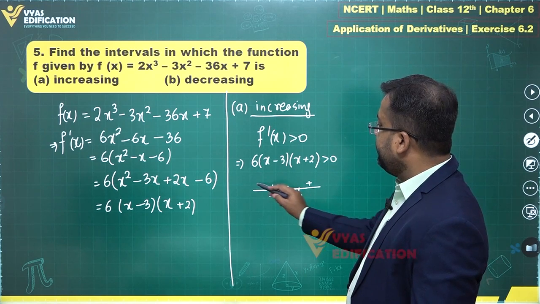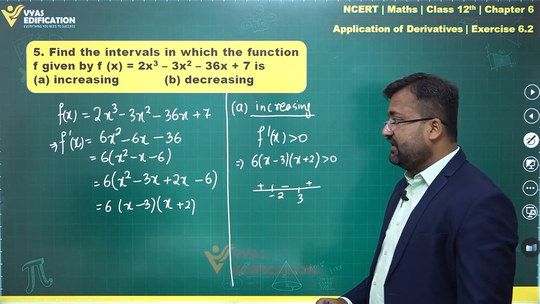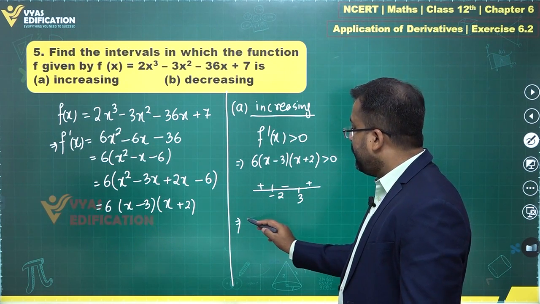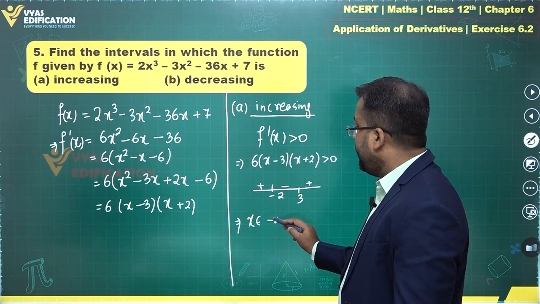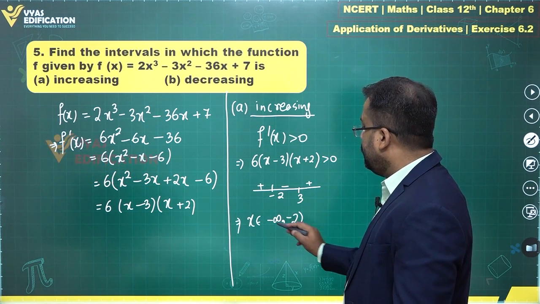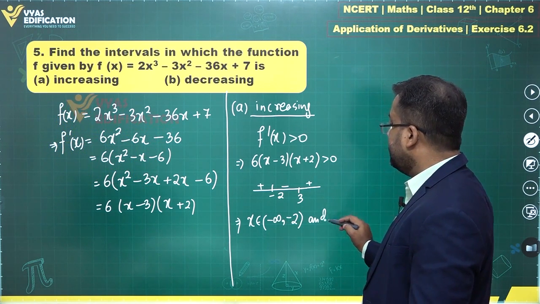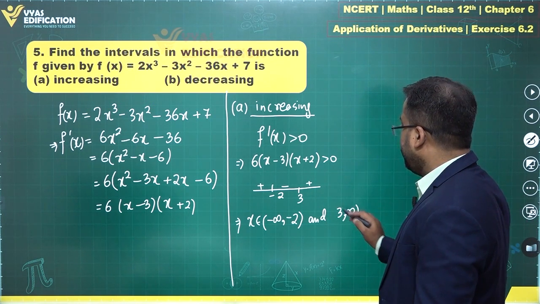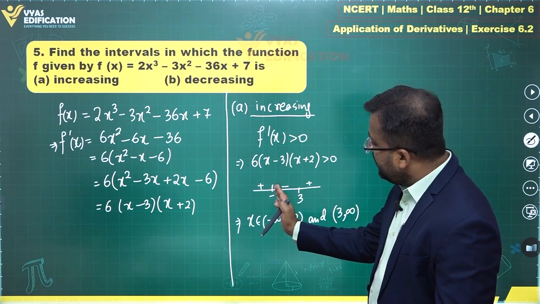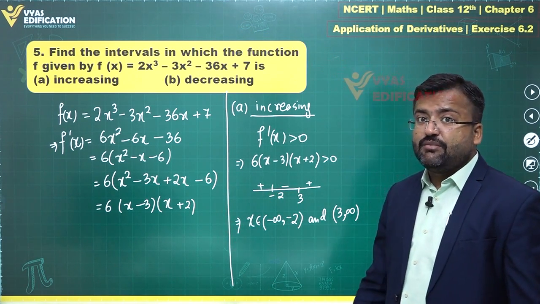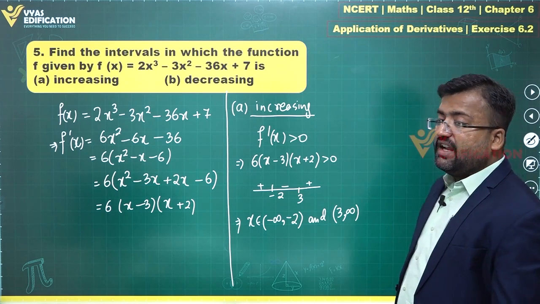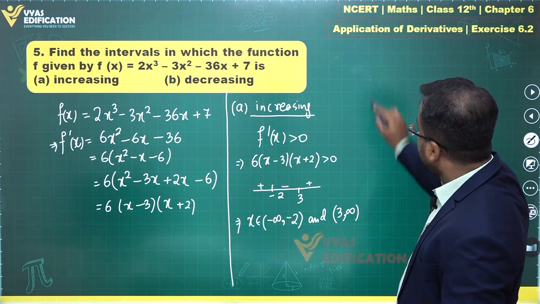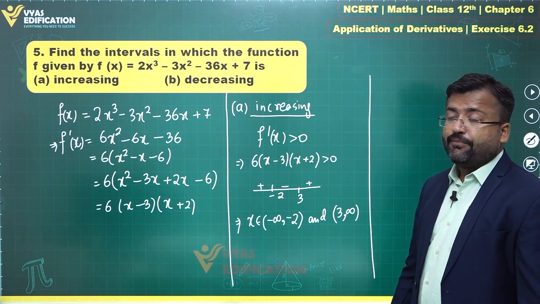The sign will be positive, negative and positive in different intervals. So this tells me that f(x) is increasing for x belongs to (minus infinity, minus 2) and separately (3, infinity). The derivative is greater than 0 for values of x less than minus 2 and values of x greater than 3. So the function is increasing for this interval and this interval. These are the two different intervals of x.